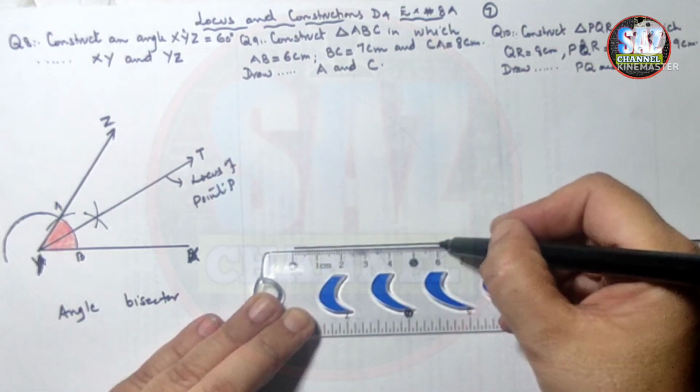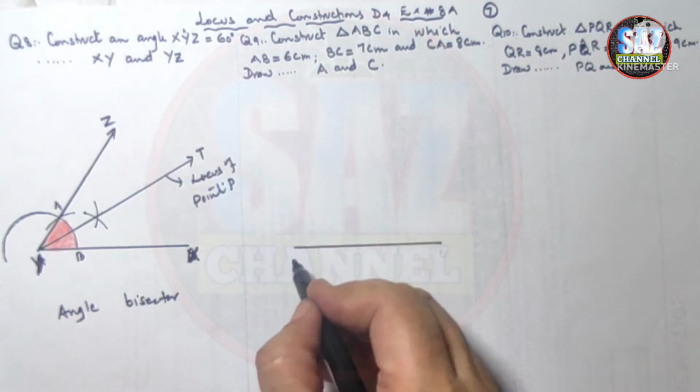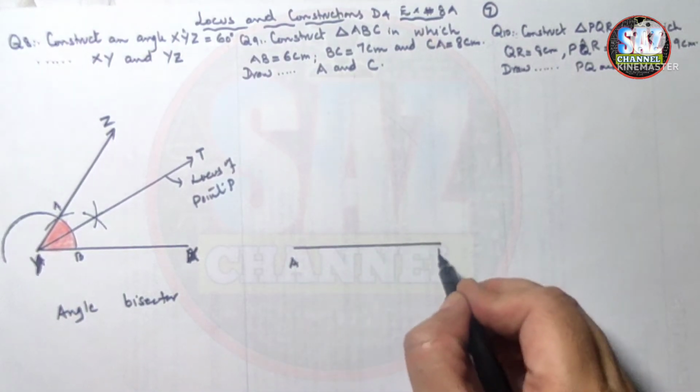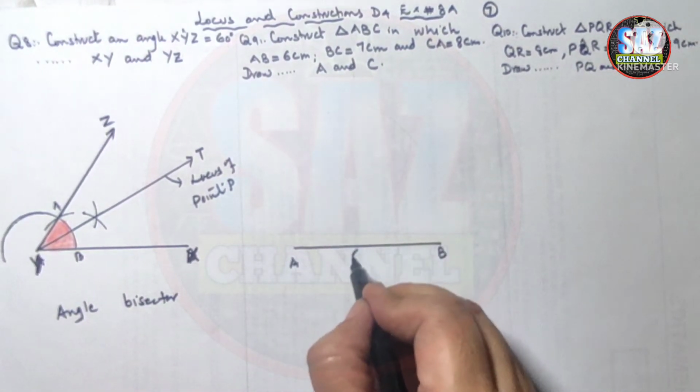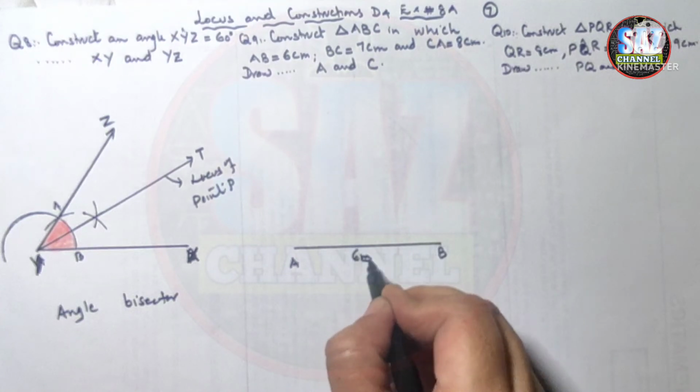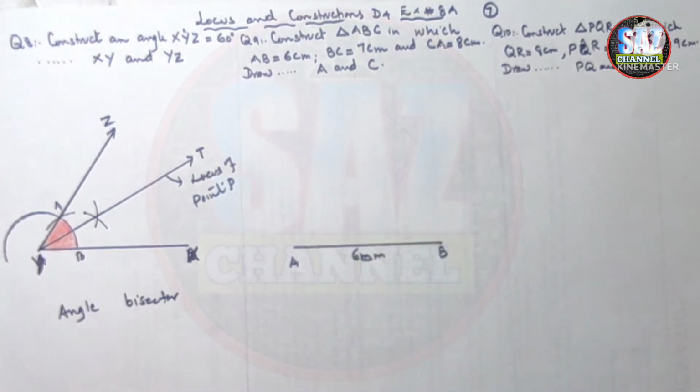If the basic measurements are not correct, your question will also not be correct. This is 6 centimeter, and now the rest of the two arms will be constructed with the help of a compass, not with the help of a ruler. BC is 7 centimeter.